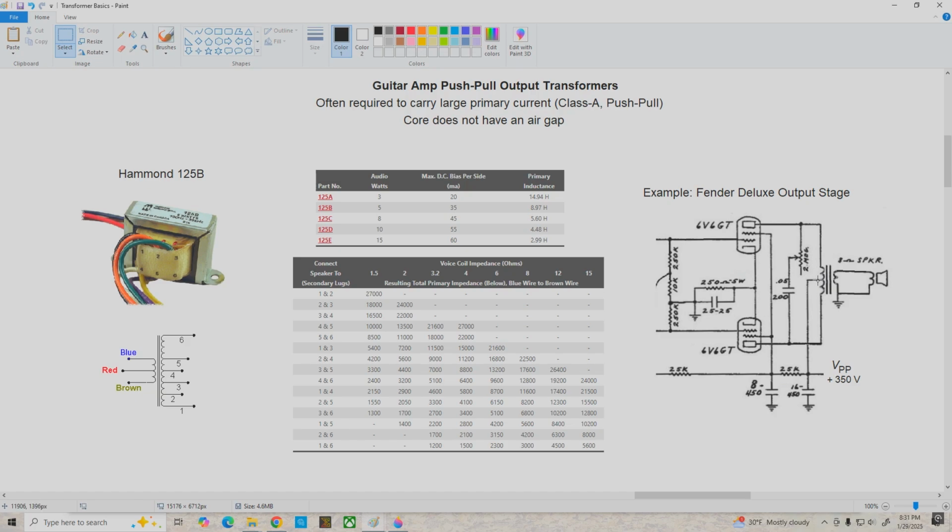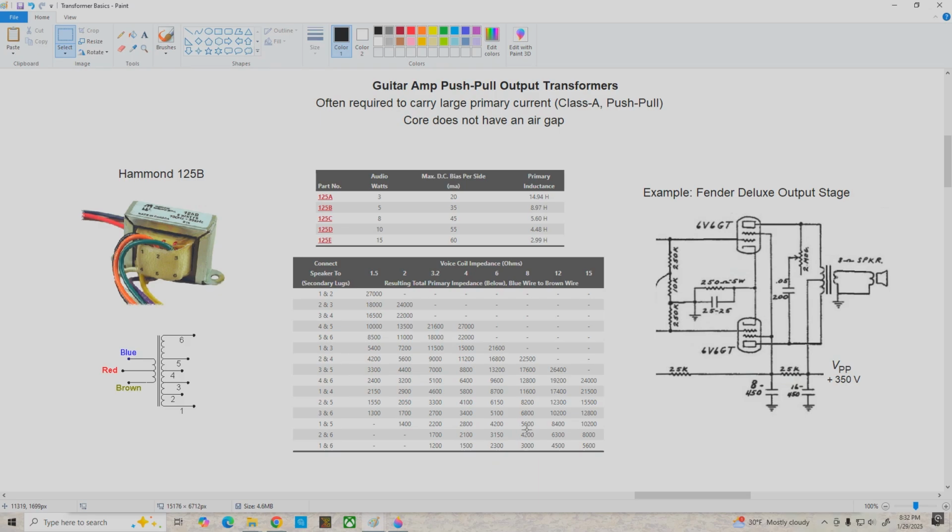Now, if we look at the symbol over here for our transformer, we can figure out which lugs we need to connect our speaker to by determining what our speaker impedance is here up on this top line and finding what reflected impedance we need down here. So if we're trying to match an 8 ohm speaker to a 5,000 ohm reflected impedance on the primary, we'd come down, find either 5600 or 4200.